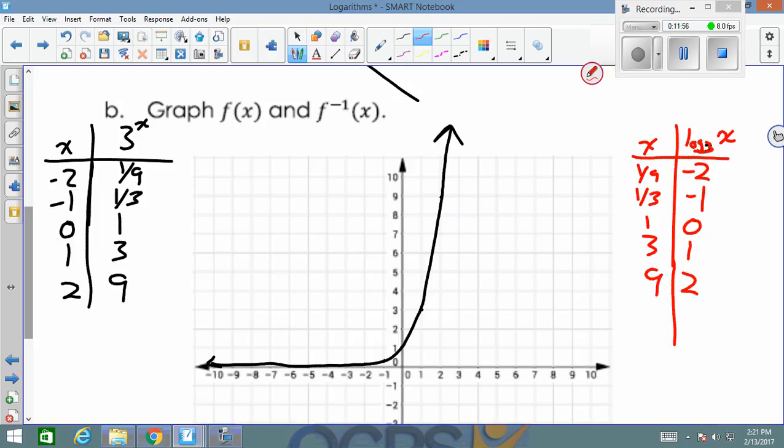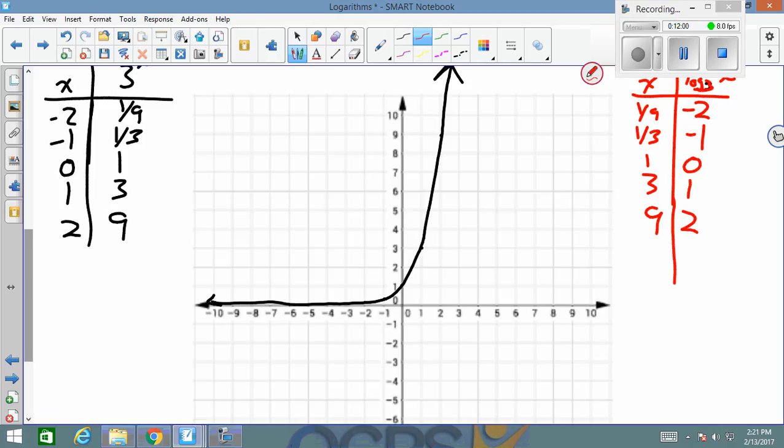So let's graph those points. 1/9, negative 2, negative 1, 1, 0, 3, 1, 9, 2. And with logarithmic functions, instead of having a horizontal asymptote, they have a vertical asymptote at x equals 0.